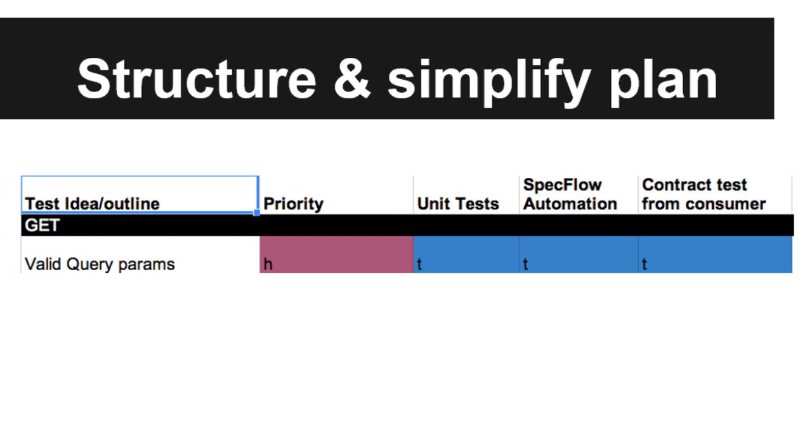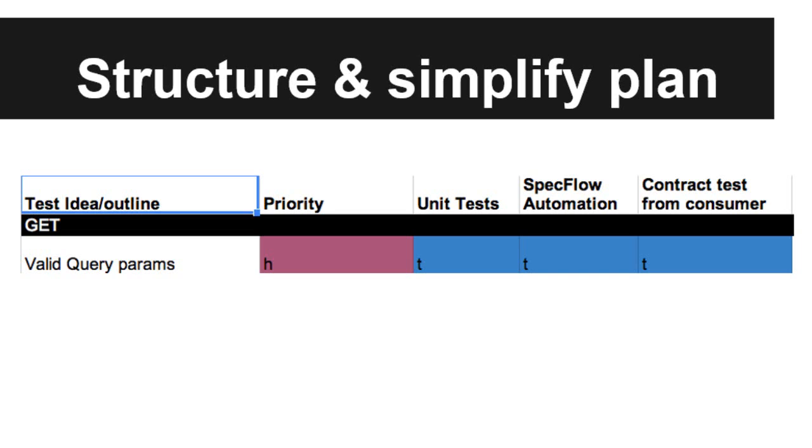Oh yeah, test types. So you can also think about your configurations, if you like, in terms of test types. So I can also use this to say I've got coverage on valid query parameters at the unit test level. I could also be writing SpecFlow, which, if anyone doesn't know what that is, it's basically a BDD test automation tool for C#.